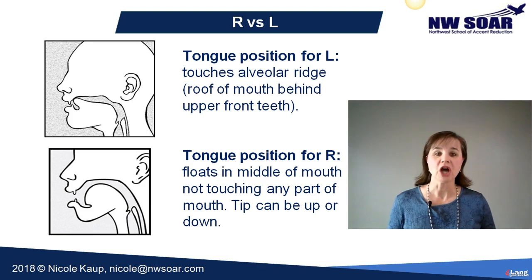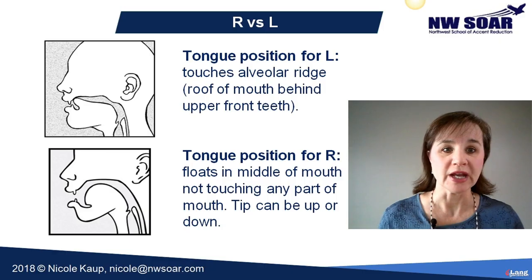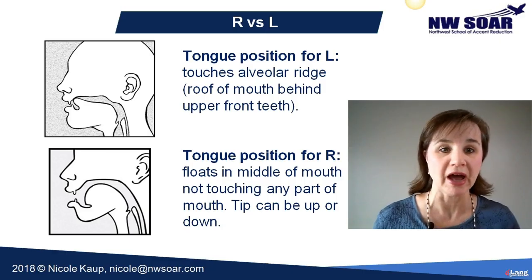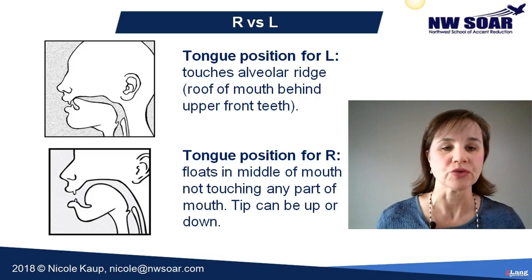For the L, the tongue is touching the roof of the mouth. For R, if you remember, the tongue does not touch any part of the mouth. You can very clearly see the distinction here. Let me illustrate both the L and the R tongue positions with my mouth. First, I'll illustrate the L.